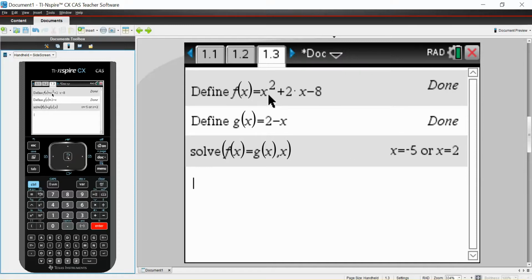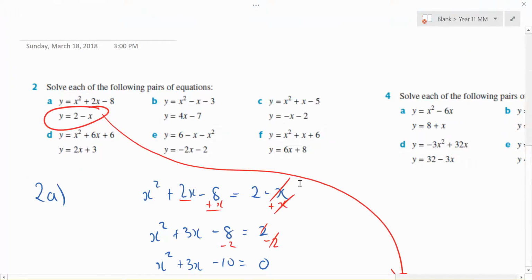Instead of squaring -5, then plus 2 times -5, and then minus 8, which takes too long, you can simply say f(-5), because you're replacing the x value there. You're saying x equals -5, and it will tell you what y is. y is 7. And that's what we had. Remember when we were solving it just now? We went down here. What's happened?